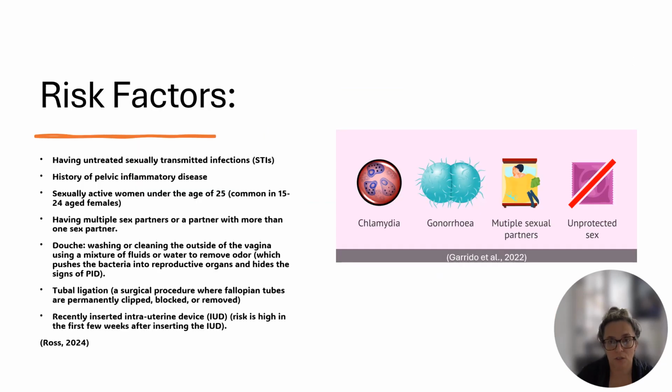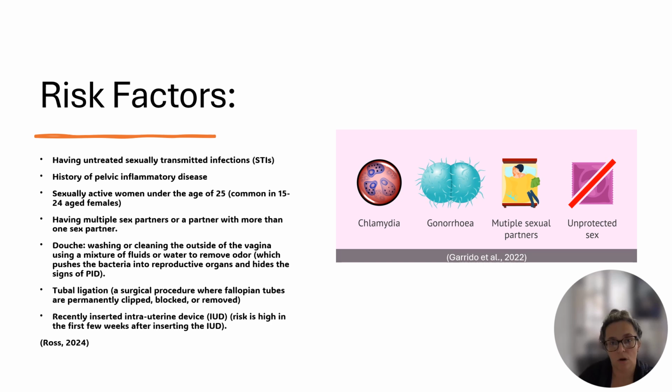So some risk factors for pelvic inflammatory disease consist of an age younger than 25. Generally speaking, women between the age of 15 and 24 that are sexually active are diagnosed with PID. Having new or multiple sexual partners, which can imbalance the pH or expose the female to an STI.